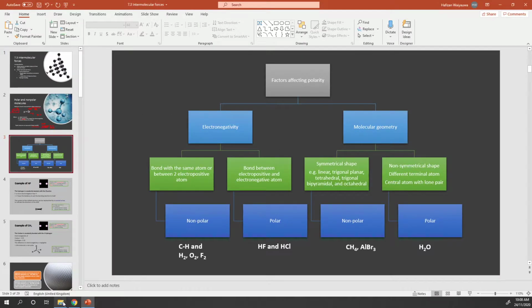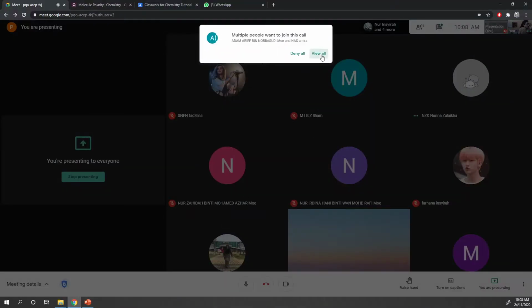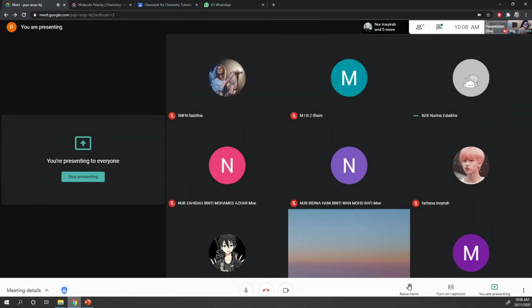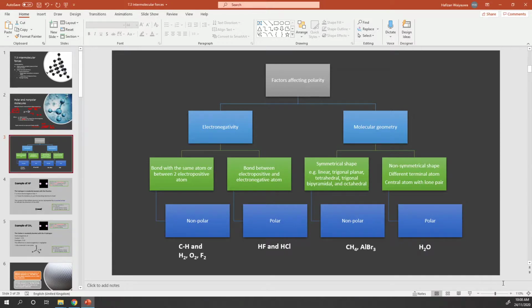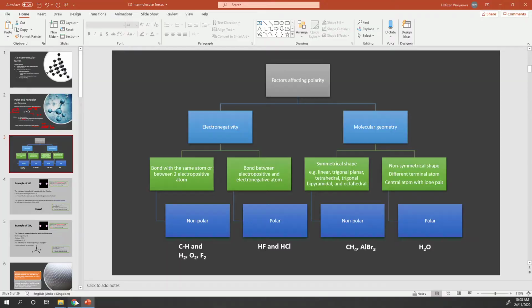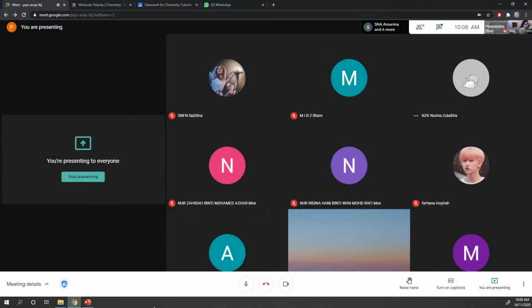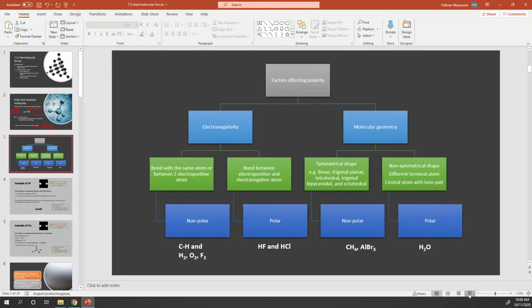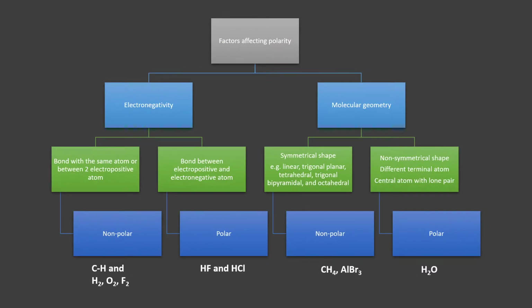Okay. We have two things that we consider. The first thing, kita always tengok electronegativity dia. So the first tengok electronegativity and then tengok molecular geometry.